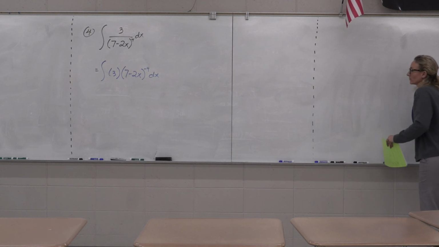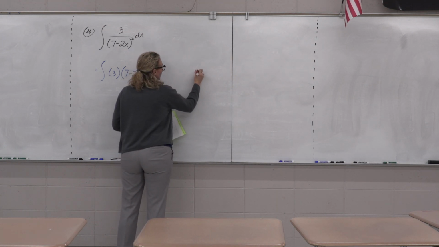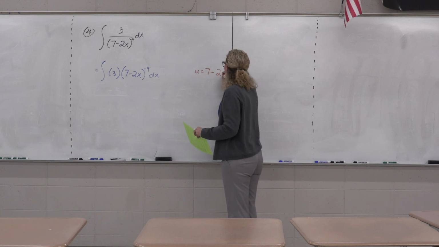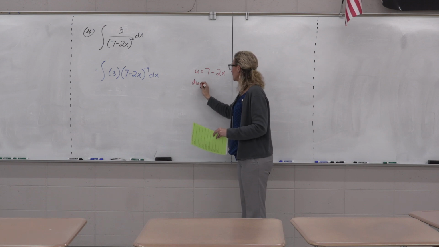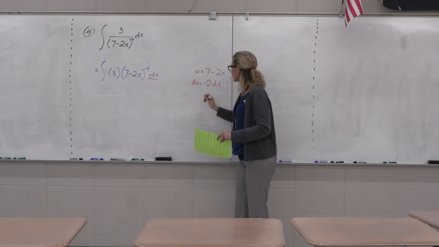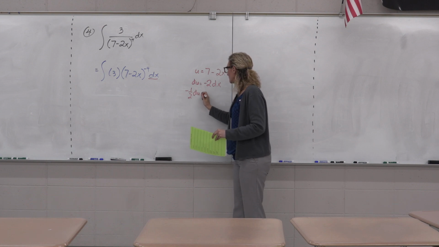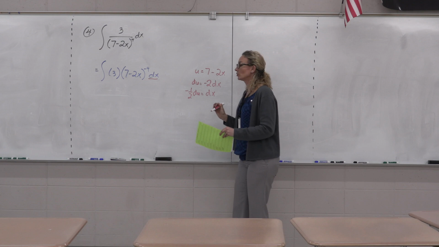We have an inner function. So sidebar over here, U is equal to 7 subtract 2x. du equals -2 dx. Okay, so I've got that dx. So I'm going to divide -1/2 du equals dx. Okay, change a variable.